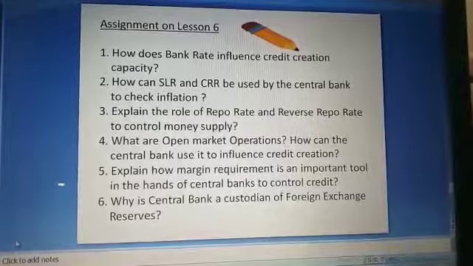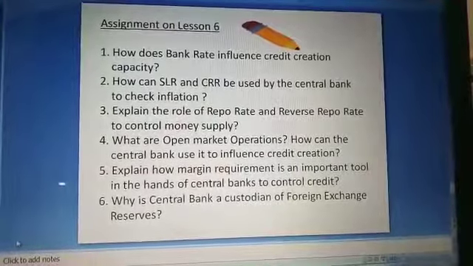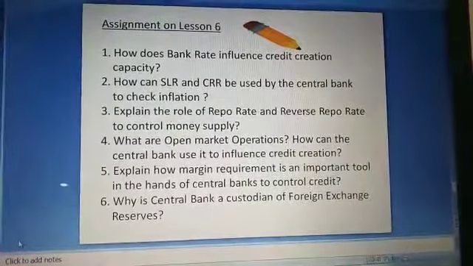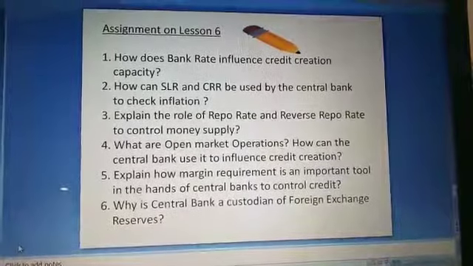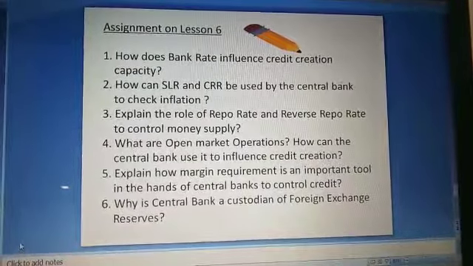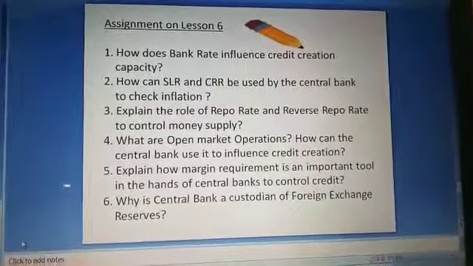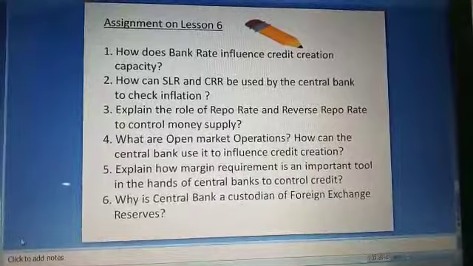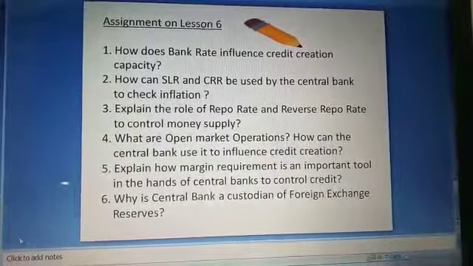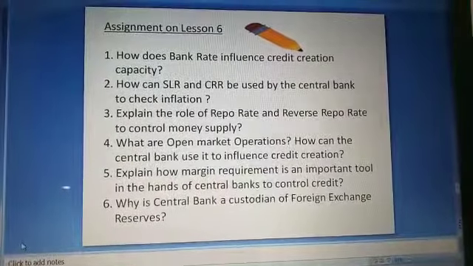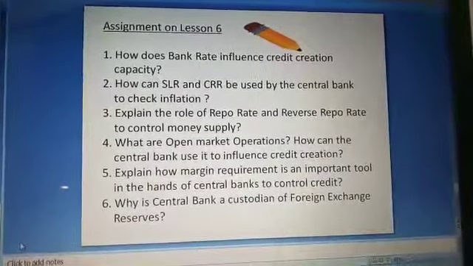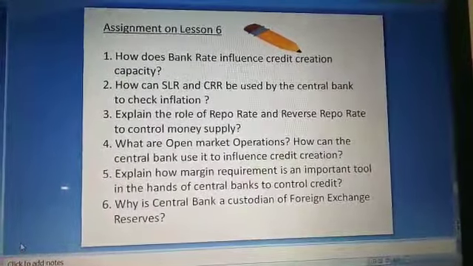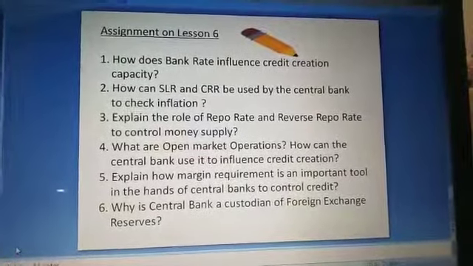Fourth question. What are open market operations? How can the central bank use it to influence credit creation? Next question. Explain how margin requirement is an important tool in the hands of central bank to control credit. And the last question, why is central bank a custodian of foreign exchange reserves?